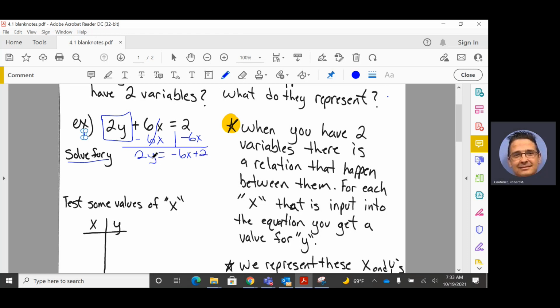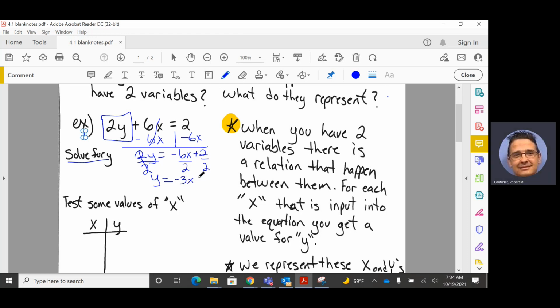Now, y is still not by itself. So what do we need to do now? We need to make sure that we go in here and we are going to divide by 2, because division undoes the multiplication. If I divide one piece by 2, every term on the other side has to be divided by 2. That is the division property of equality. So now we have y is equal to, well, negative 6 divided by 2 is a negative 3x.